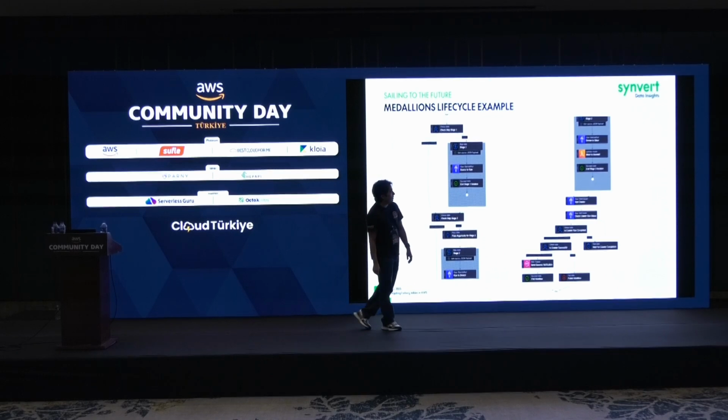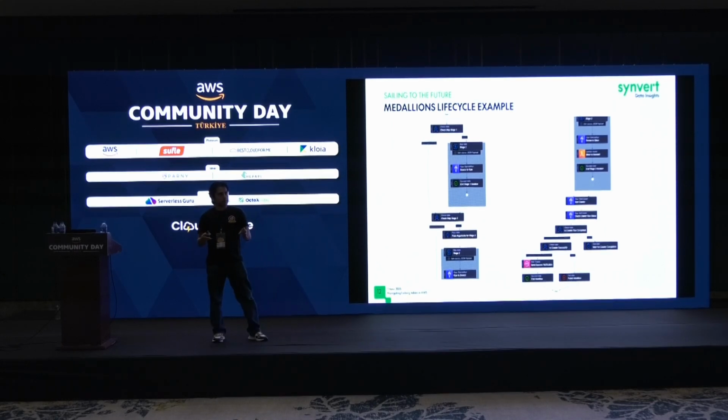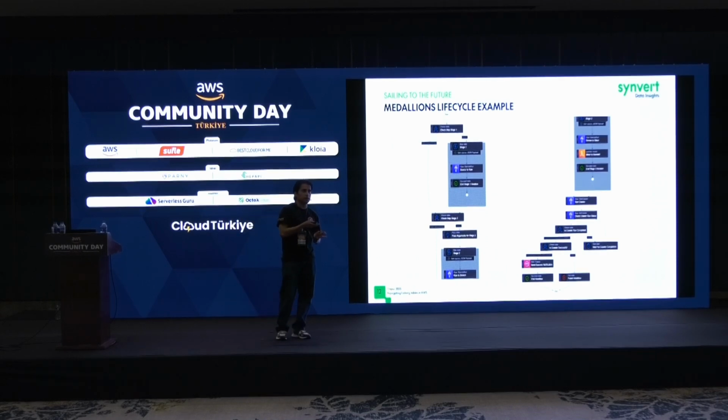And also the Glue crawler automatically scans your data sources, in this case S3, and updates the metadata of those data sources on the data catalog. But since we switched to Iceberg, we didn't need to do that, because that metadata is already in the metadata files created by Iceberg. So switching to Iceberg allowed us to remove that part of the state machine and simplified the whole end-to-end pipeline.